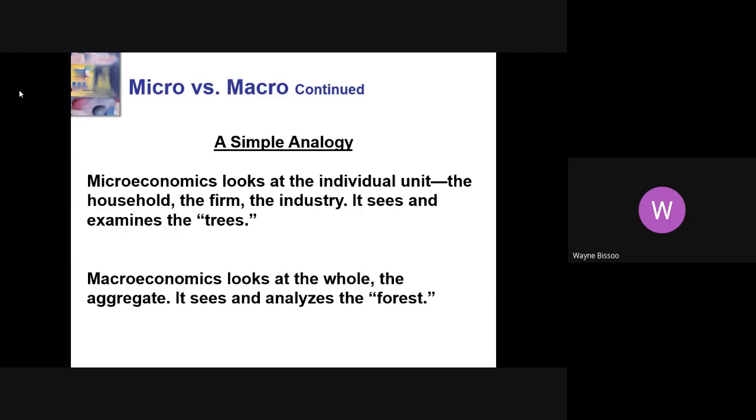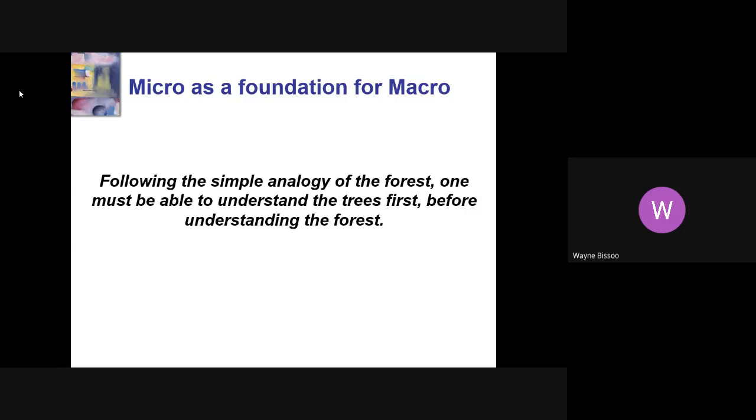But the forest is made up of trees, and therefore, in order for us to understand the forest, if we follow this analogy, we must understand trees and how they work before we can understand the entire forest. That's the reason why we should be looking at microeconomics before we begin looking at macro.